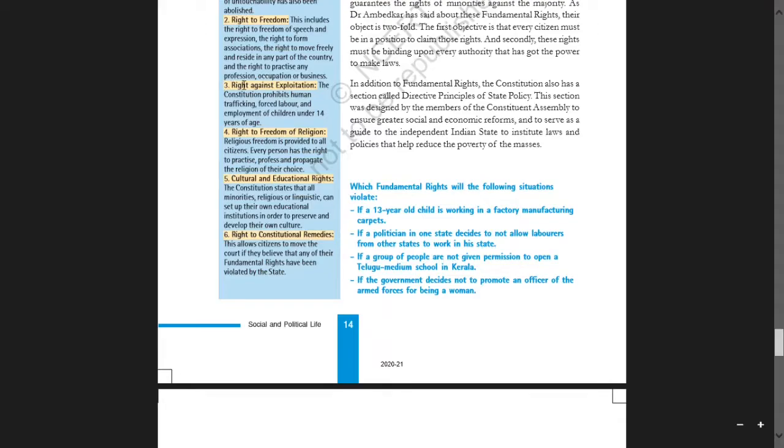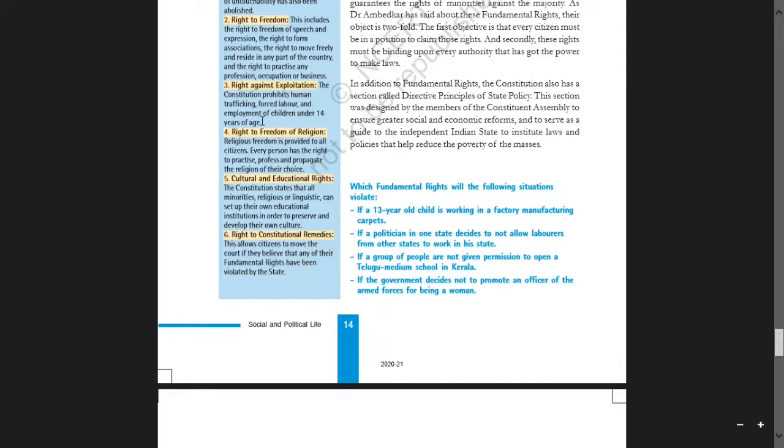Then the third fundamental right is right against exploitation. The Constitution prohibits human trafficking. Trafficking means deal or trade in something illegal. Human trafficking. Okay. Forced labor and employment of children under 14 years of age.